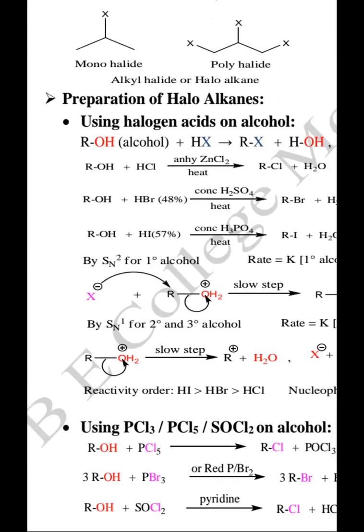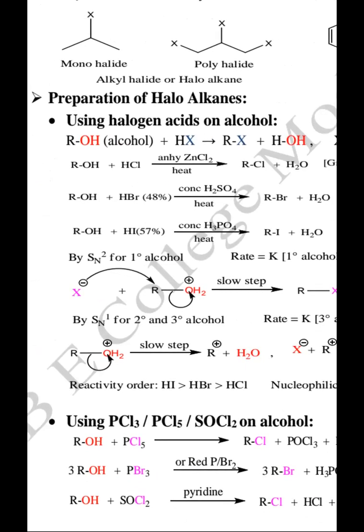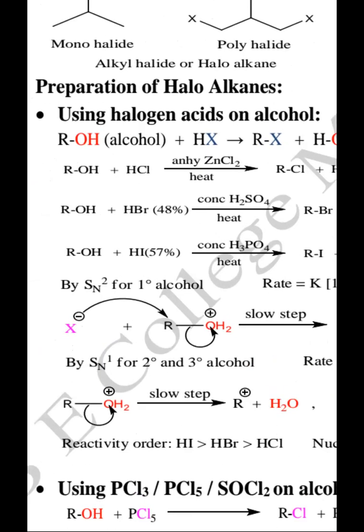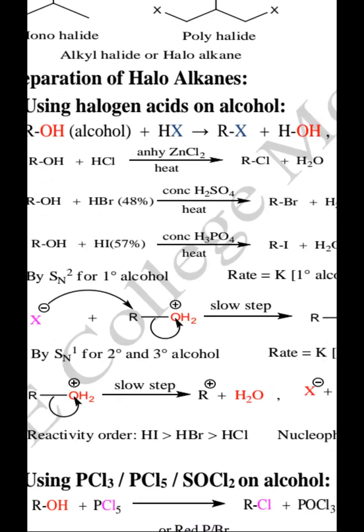In the next few lines, we have examples of this reaction. We can see the alcohol molecule is reacting with HCl in presence of anhydrous ZnCl2 to produce RCl and water. In this case, Cl from HCl has replaced OH in the alcohol and produced the alkyl chloride.